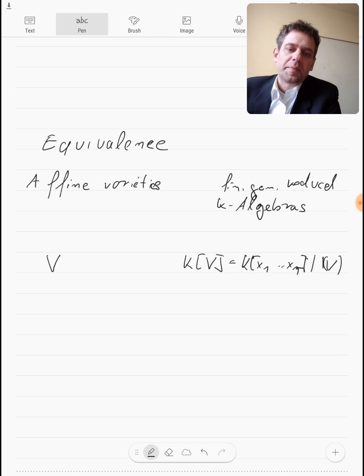First, it's a k-algebra since k, or the projections of k to be precise, are in this ring, and it is finitely generated since x1 bar, ..., xn bar are a finite generating set, and it is reduced since I(V) is a prime ideal.